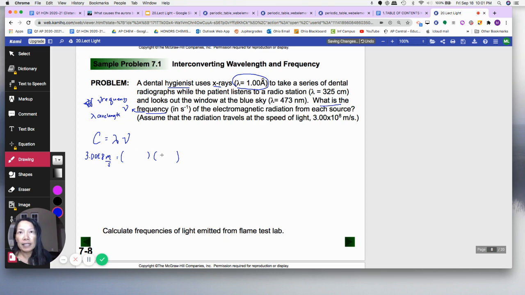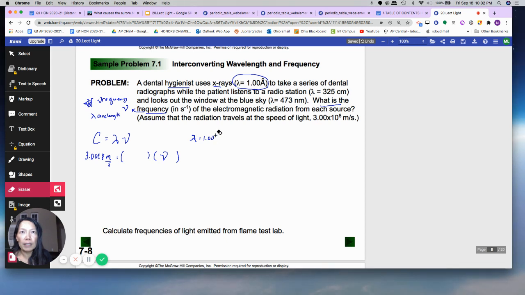The wavelength is given here as 1.00 angstrom. You can see that it needs to be in meters so the units can cancel. From our previous unit, we learned what an angstrom is.